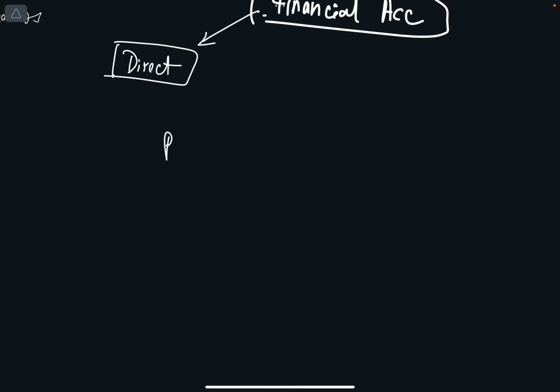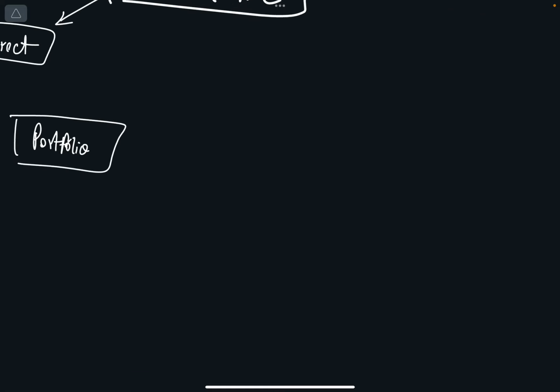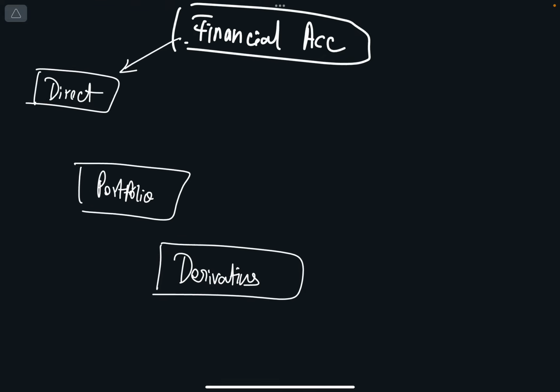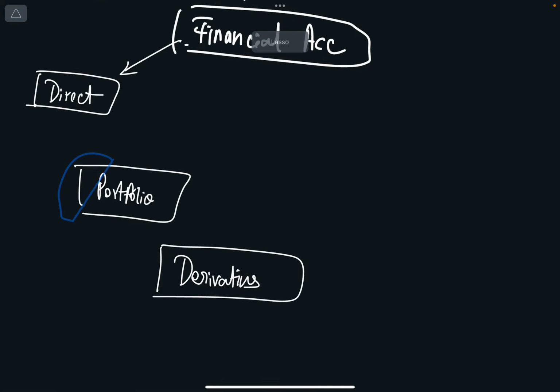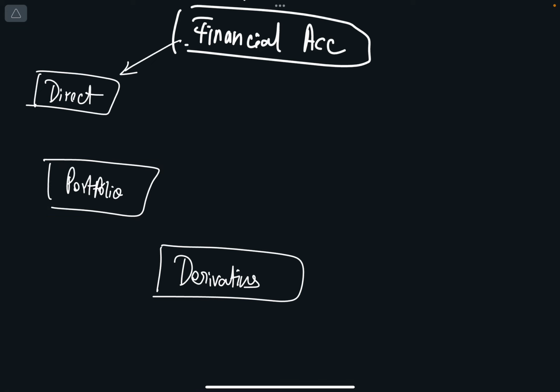Second one would be portfolio. Then we would have derivatives, financial derivatives. So these are things like forwards, swaps, options, contracts. I'll go into that in detail in another video.